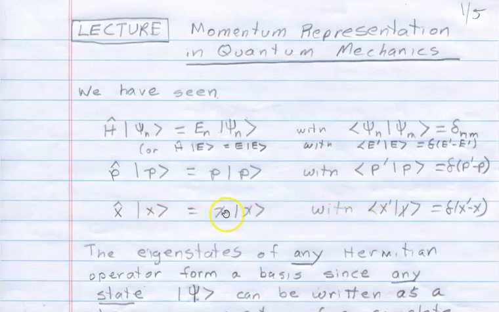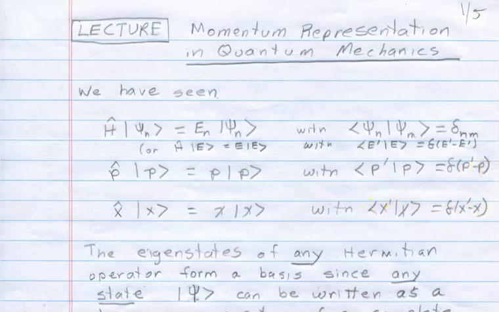And then again, generally these eigenvalues are continuous, and so you've got an infinite dimensional continuous set of eigenstates.